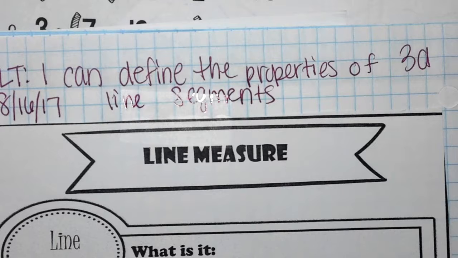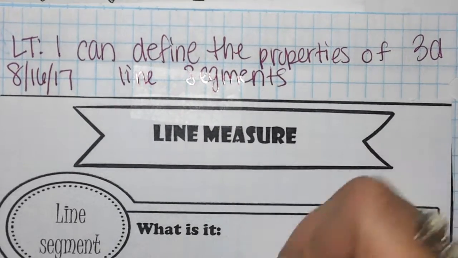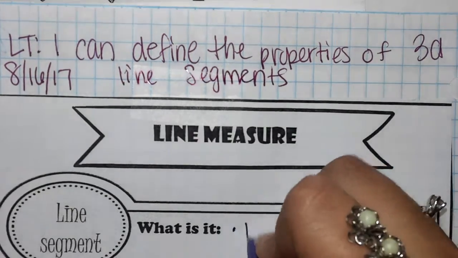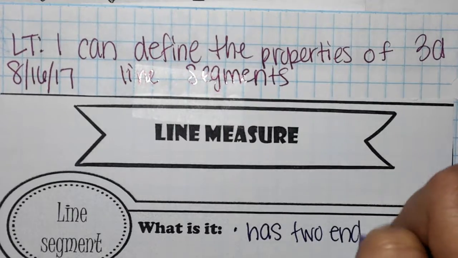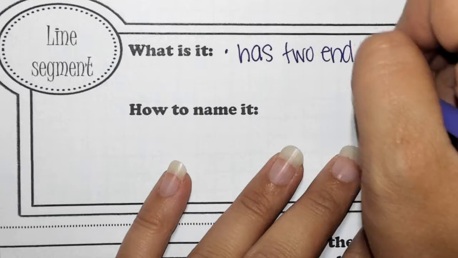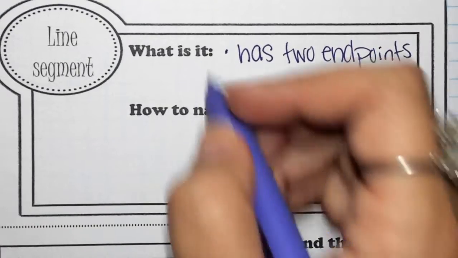All right, what's a line segment? It's where a line ends, right? So that's when it's called a segment. That's the difference. All right, so a line segment has two endpoints. And can we measure something if it ends?